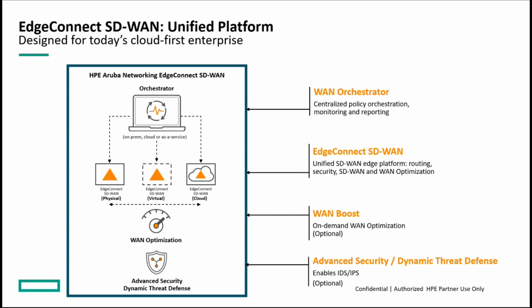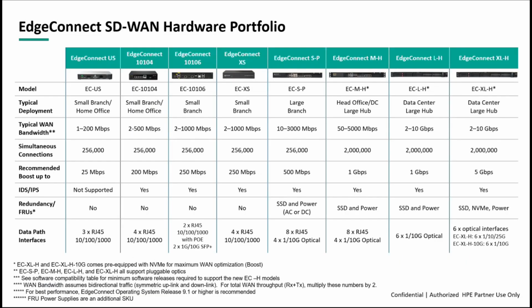In order for us to really replace a branch firewall, intrusion detection and prevention is a much needed component to really be considered a firewall solution. However, that is still an optional piece if you don't want to deploy it at certain locations. And that is the unified platform for the EdgeConnect, and in a nutshell how the whole EdgeConnect system works.